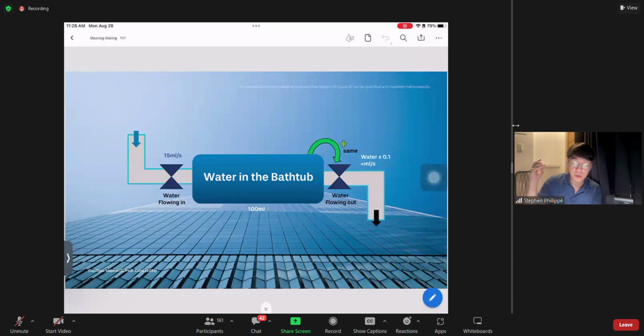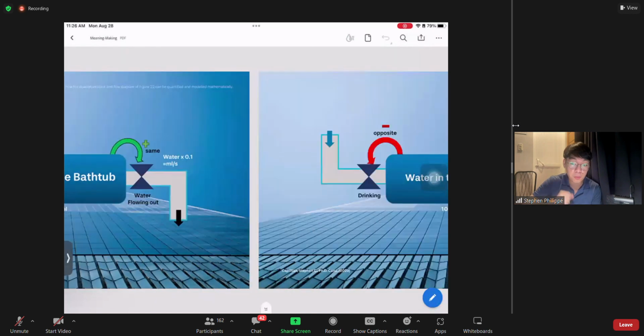I hope that we are not afraid of numbers. 100 ml of water in the bathtub will have the same effect as you move the water, with this times 0.01, a rate of movement of 0.01 milliliters per second. So they can assign figures or numbers into this diagram just to picture how it will look when we apply the model using computers.